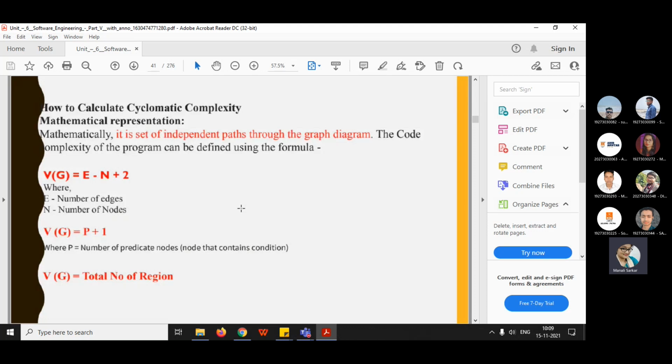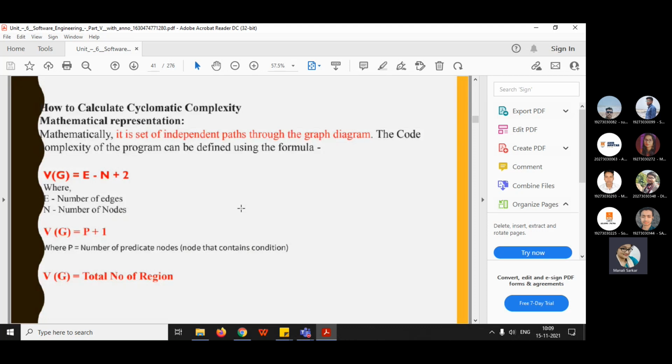So using cyclomatic complexity, we can calculate the set of independent paths through a graph diagram, and we can also calculate the edges and number of nodes or vertices in a graph. McCabe's cyclomatic complexity defines an upper bound on the number of independent paths in a program.